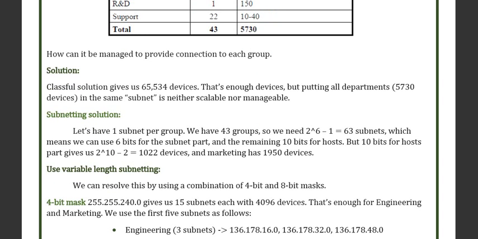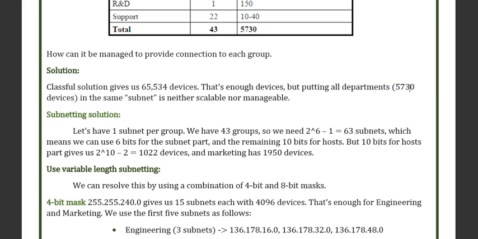In this case the classful solution gives us 65534 devices, which is more than enough to put all the departments in, which need only 5730 devices.